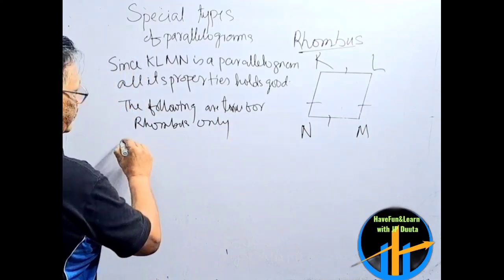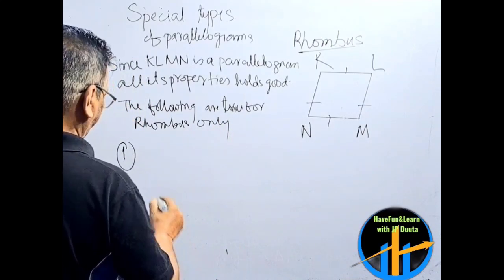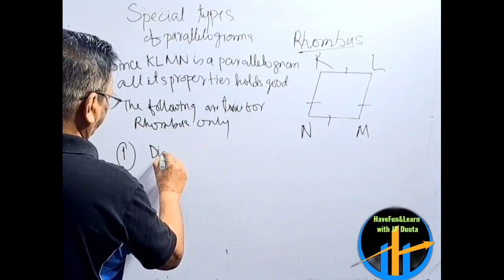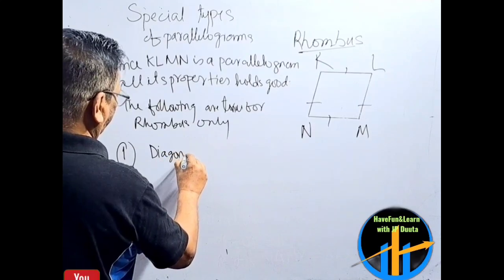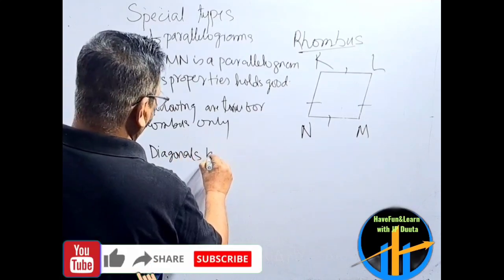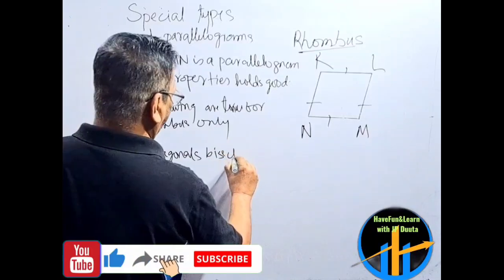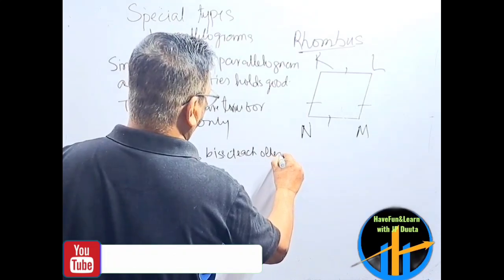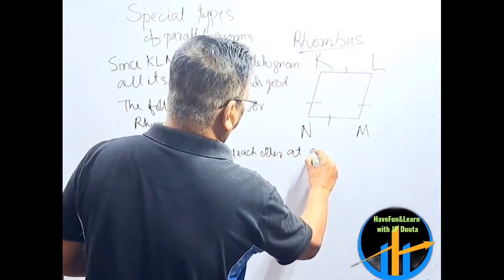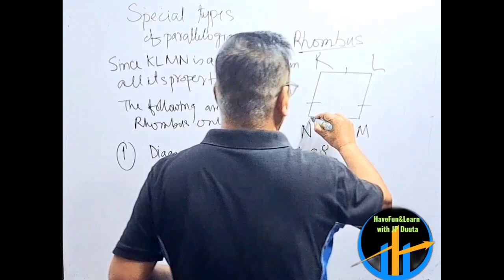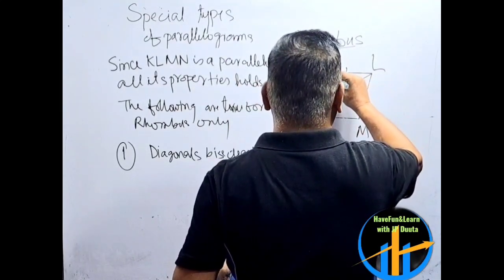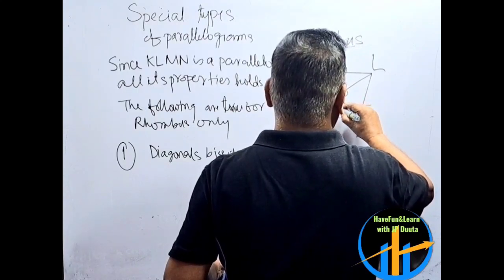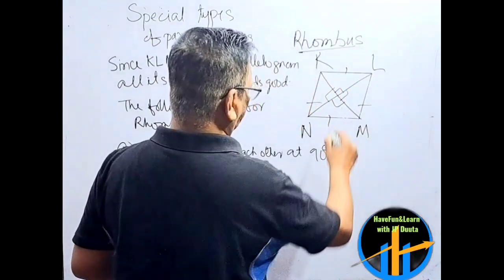Number one, diagonals bisect each other at 90 degree. So they are all 90 degree.